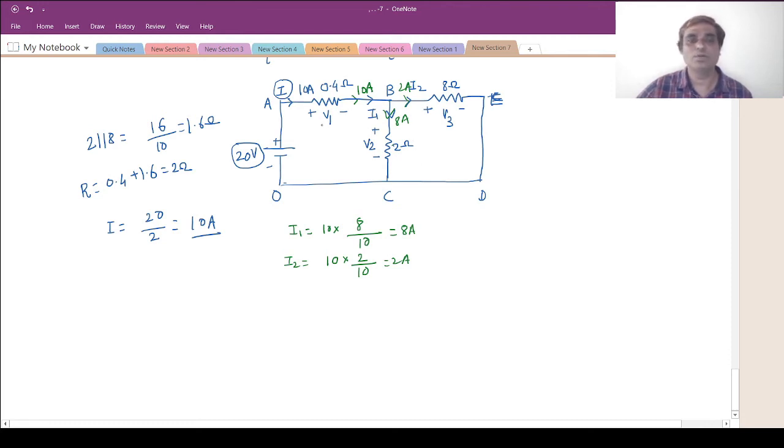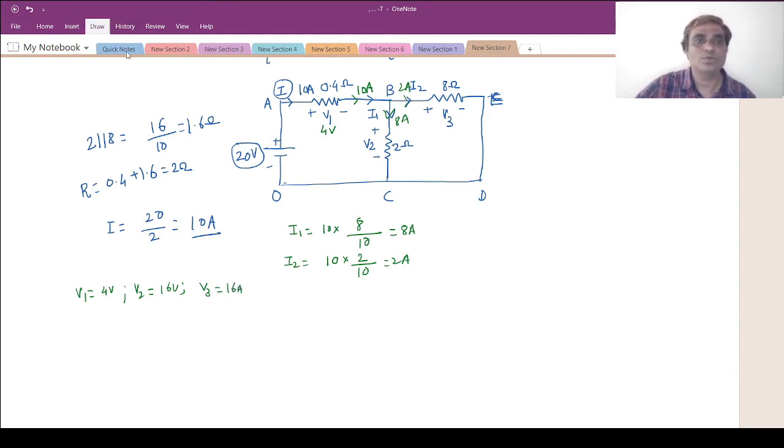Now I will calculate the voltage drop across each resistance. V1 will be 10 into the resistance 0.4, so it will be 4 volt. What about V2? V2 will be 8 into 2, so this will be 16 volt, and V3 will be 2 into 8, so this is also 16 volt.